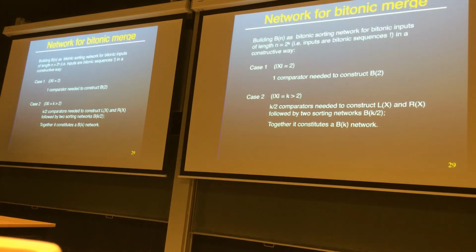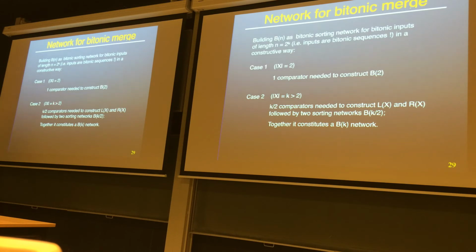We will build a network Bn that takes a bitonic input of length n is 2 to the power k, and we will do it in an inductive way. If we have n equals 2, then of course we need one comparator to construct B2. That's simply compare the two inputs, give the minimum at the upper line and give the maximum at the lower line. Then you are there.